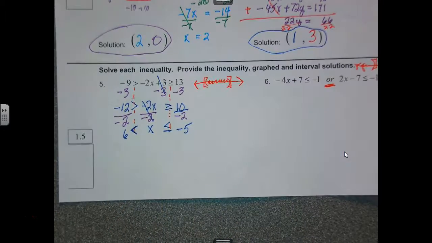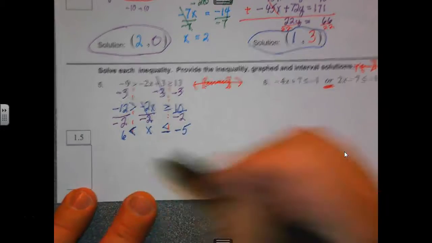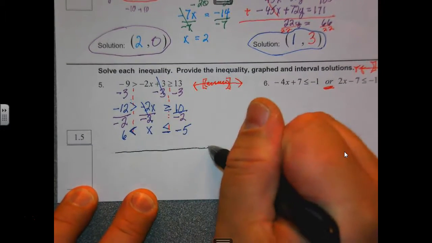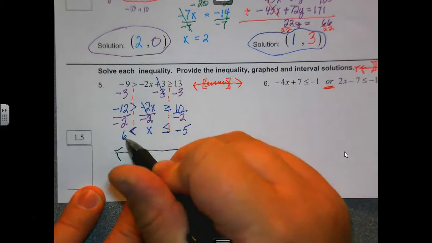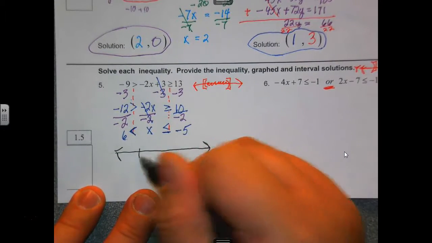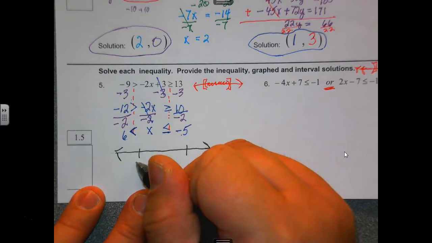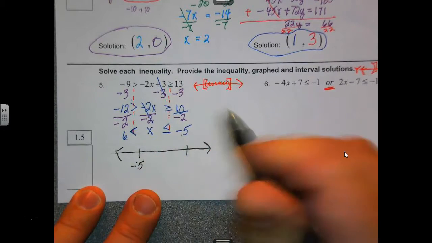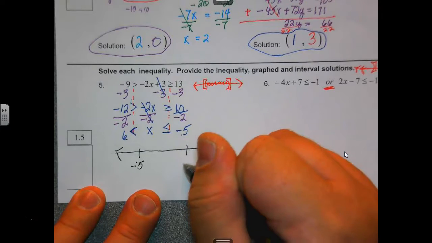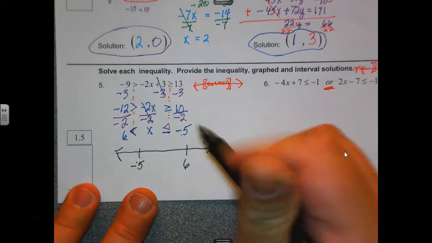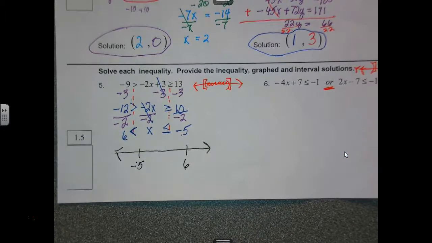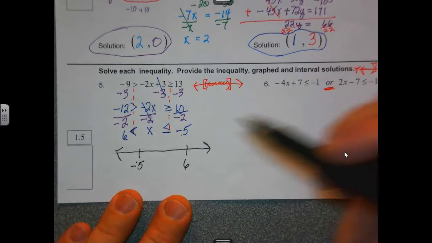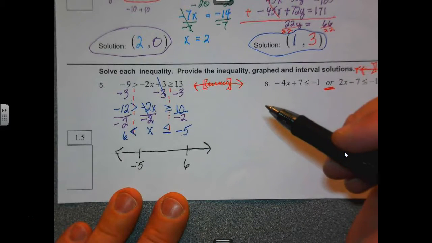Okay, graph it. See, here's my number line. Actually, and problems are easier because you can just follow this. Small number goes on the left-hand side, be careful. Larger number goes on the right-hand side. Yep, bracket, parentheses.